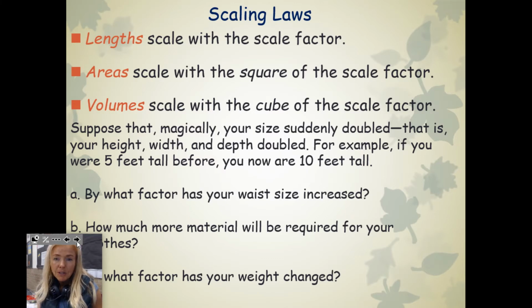So if you're doubling a length, then your area all of a sudden becomes 2 squared. You're going to square it. If you're tripling a radius, so if the radius is 2 and you're tripling it, the radius would grow times 3, so 2 times 3 would be 6.